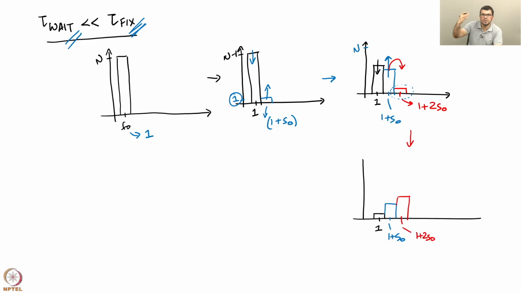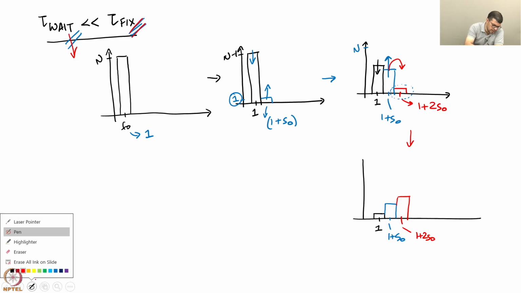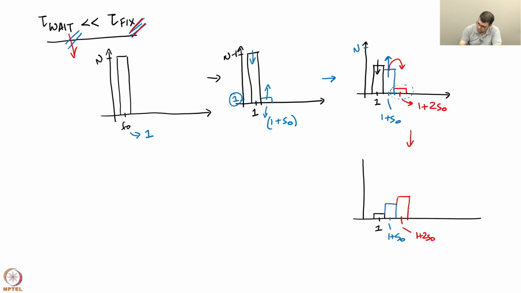But while the red was increasing in frequency, because tau fix is really long and tau wait is relatively small, another beneficial mutation has happened, and the population at this stage looks like this. This might be the state of the population. Obviously this will be 1 plus 4 s naught, and this will be 1 plus 3 s naught.